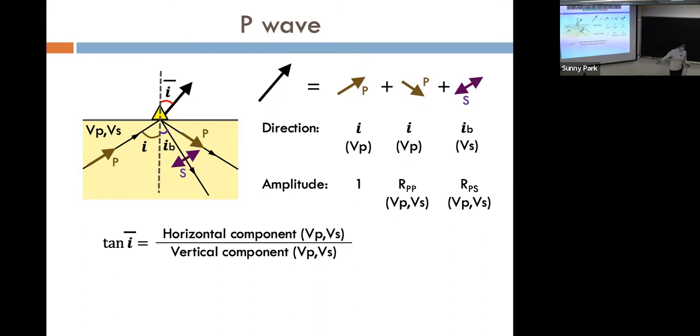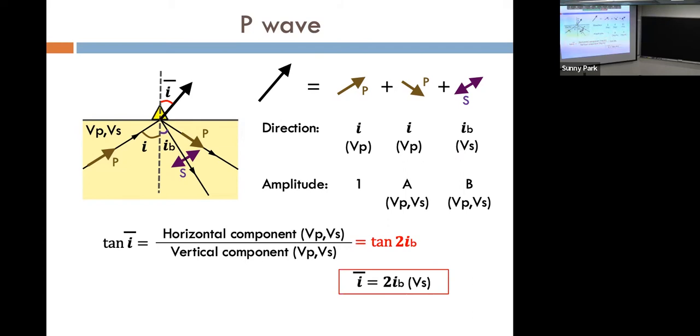But if you actually go through this derivation, what comes out of this is quite interesting because it comes out as this bizarrely simple result. It just comes out as tangent of I bar equals two times tangent of IB, which means this angle I bar here is exactly twice the S reflected angle.